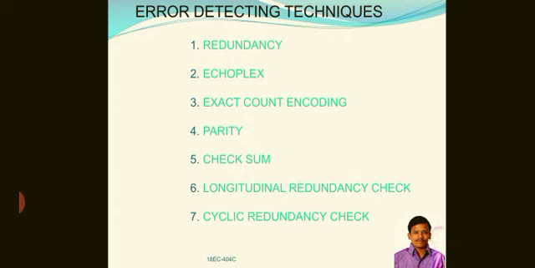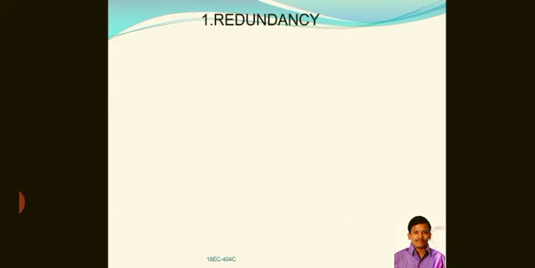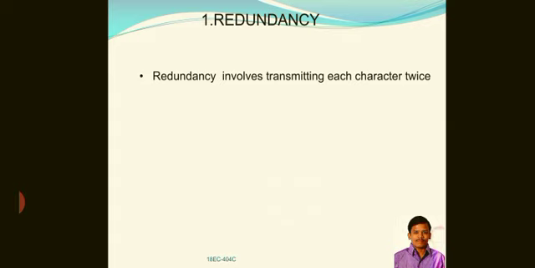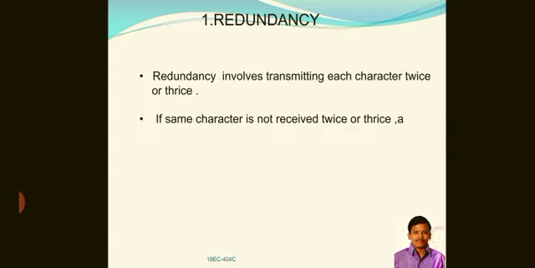Now we will see the first one, called redundancy. Redundancy means transmitting each character twice or thrice. If the same character is not received twice or thrice, then we assume that a transmission error has occurred. That is, by sending the same data two or more times.